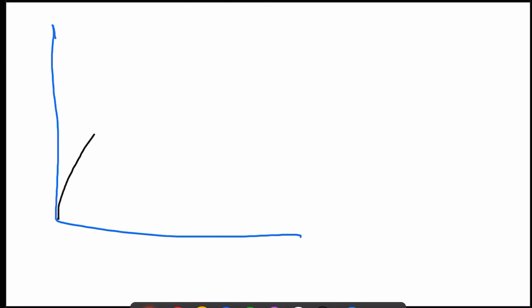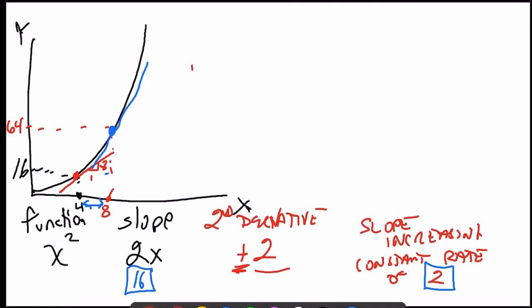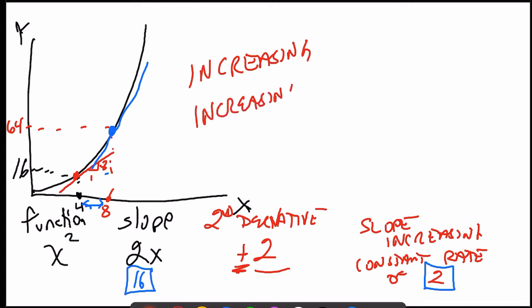How about that one? Well, let's not do numbers. Let's just talk our way through this. This is increasing, and it's increasing at an increasing rate.